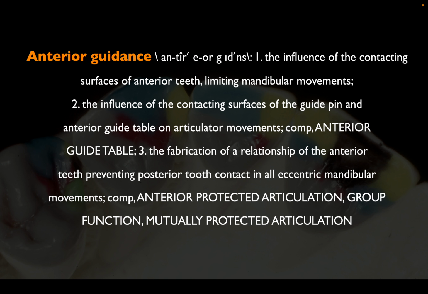And 3, the most important, the fabrication of a relationship of the anterior teeth preventing posterior tooth contact in all eccentric mandibular movements. In other words, how do we get the anteriors to help us separate the posterior teeth to eliminate off-axis loads and shear forces which are detrimental to our teeth and to our restorations?